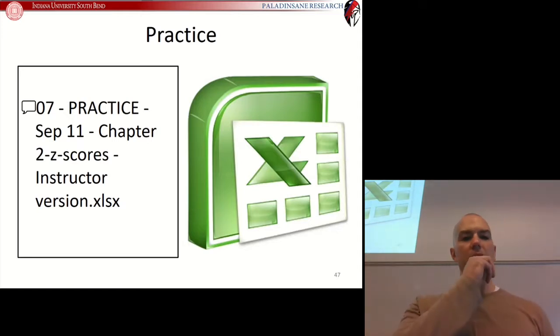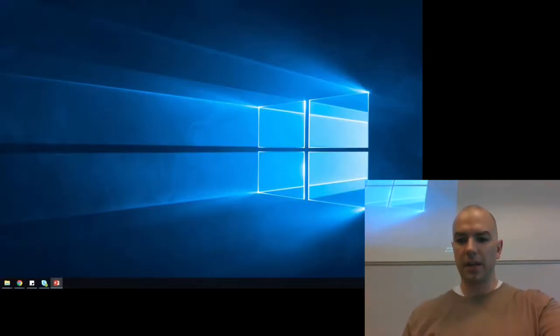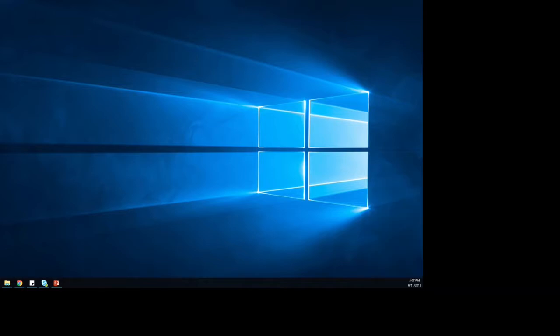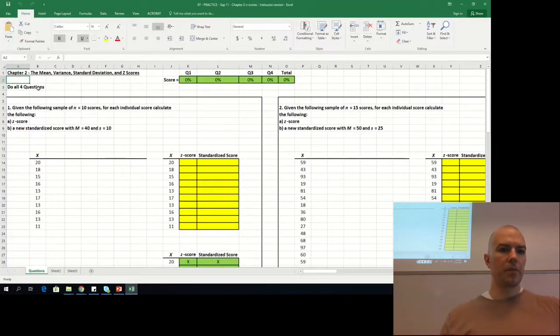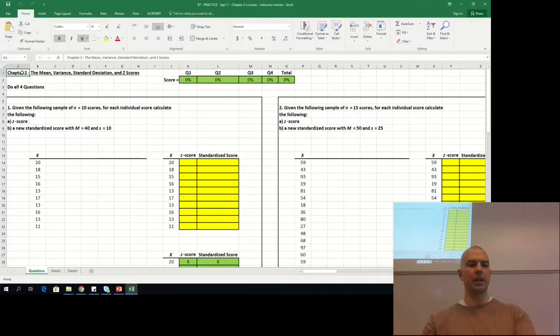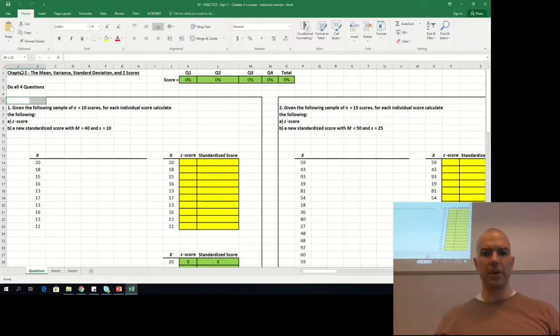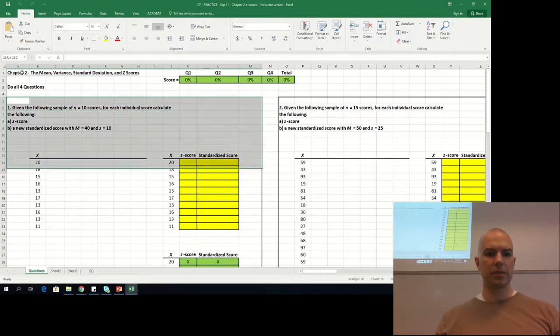So if you haven't already, open up Excel sheet 7 practice for September 11. We're going to be calculating z-scores here, and we're going to start up on this one.